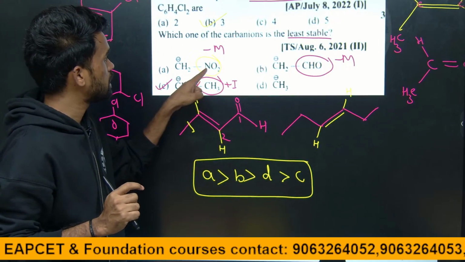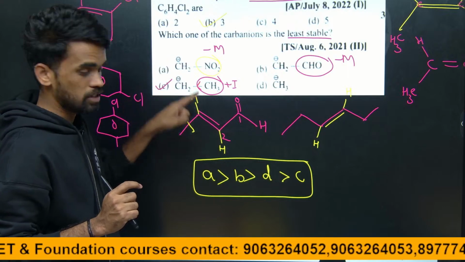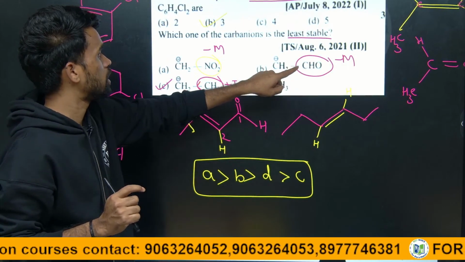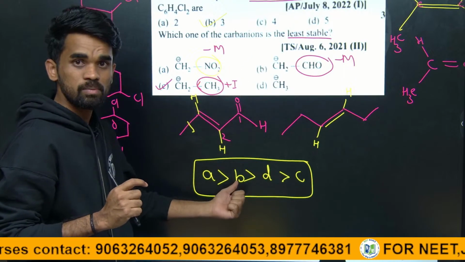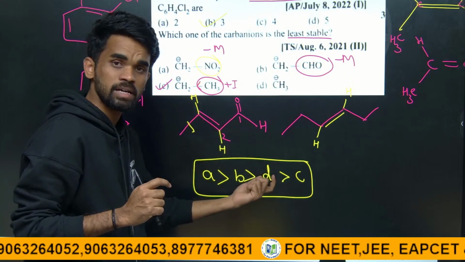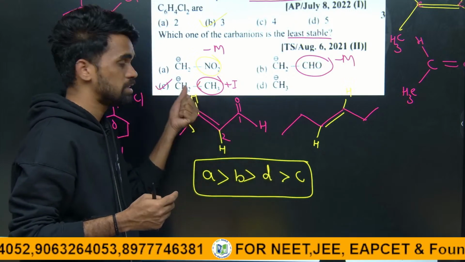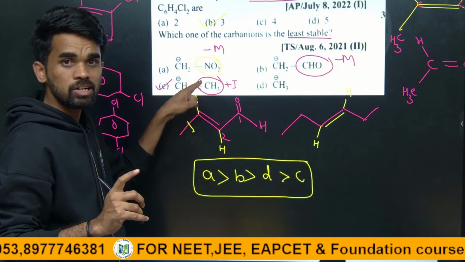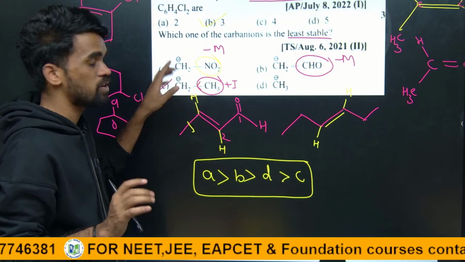An electron withdrawing group increases the stability of the carbanion, therefore A. This is relatively less electron withdrawing than that, therefore it will be the next one. And see, here there is no group, it is better and more stabilizing than this one. I hope it is clear because a plus I group or electron releasing group decreases the stability of the carbanion.